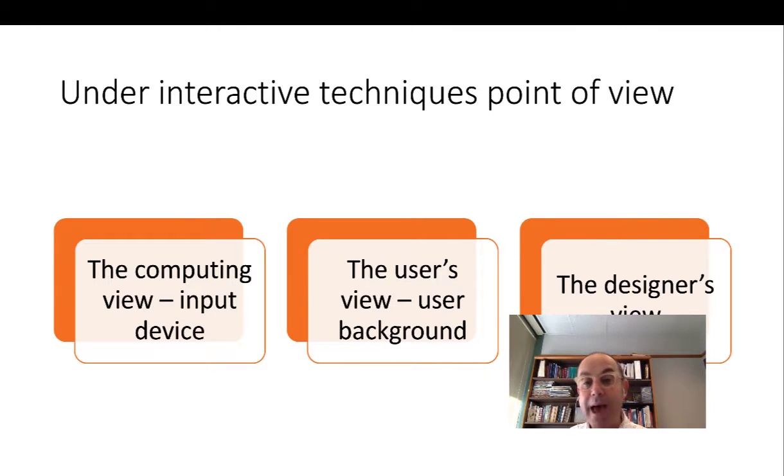For example, my background is different from yours. And the design point of view: what is the design objective? How do we accomplish those designs in the interactive interface in order to meet the user point of view, and the computing point of view, which is the input device.